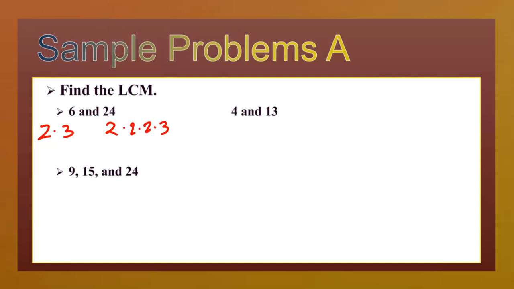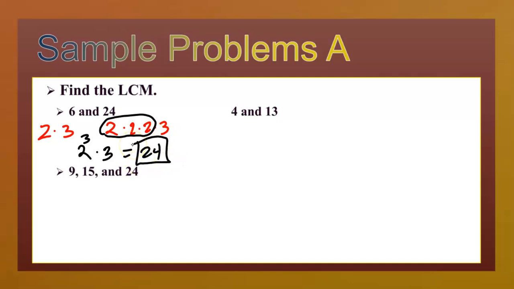So now I know I'm using 2's and 3's, and they each have 1 3, but this one has 3 2's. So I have to use that the greatest amount of time. 2 cubed is 8. 8 times 3 is 24. So the least common multiple is 24.